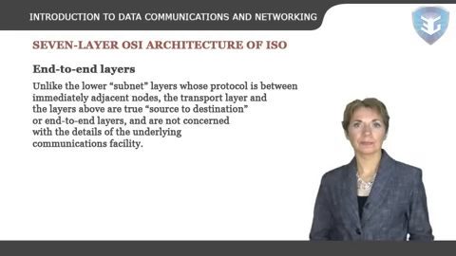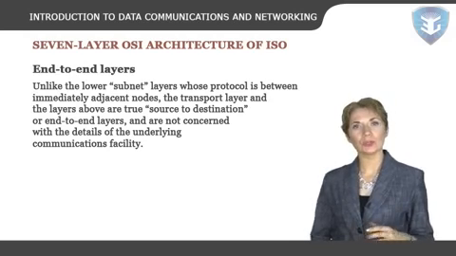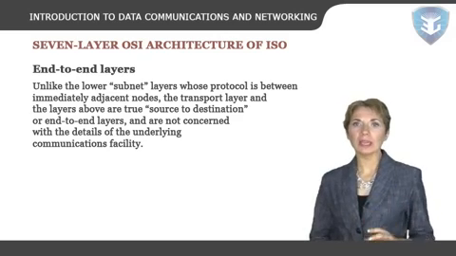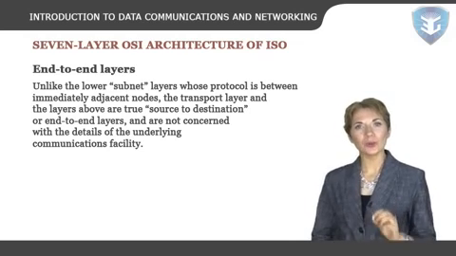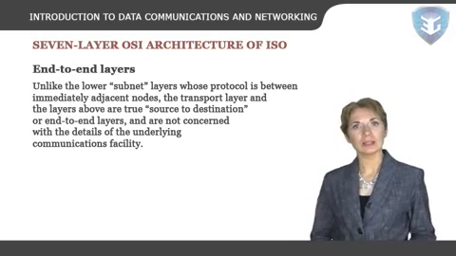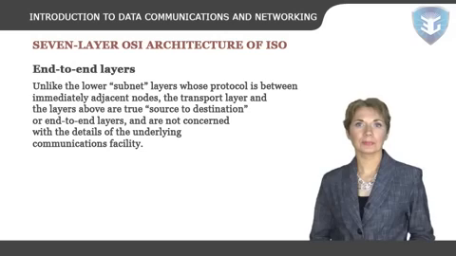End-to-end layers. Unlike the lower subnet layers, whose protocol is between immediately adjacent nodes, the transport layer and the layers above are true source-to-destination, or end-to-end layers, and are not concerned with the details of the underlying communications facility.